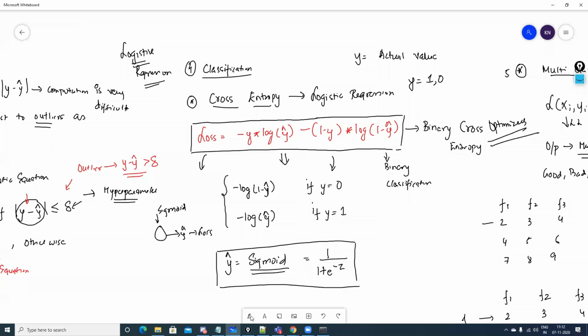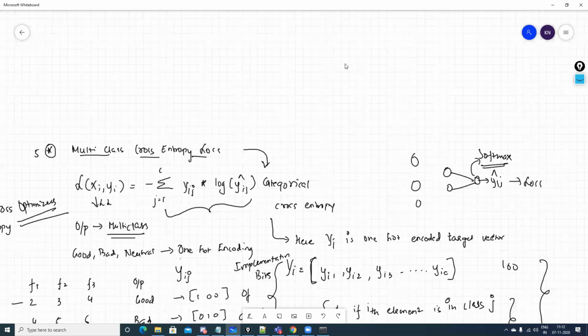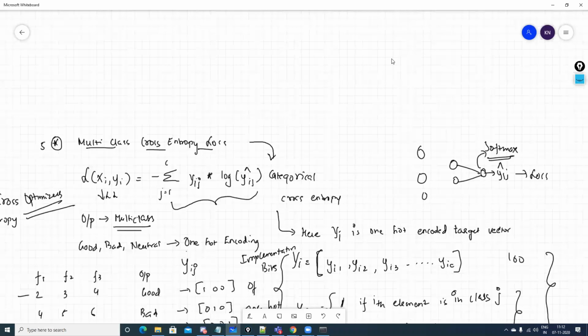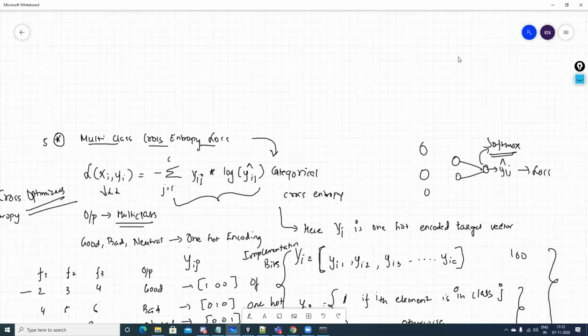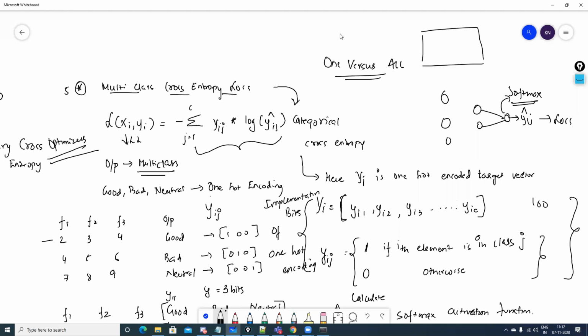Can you briefly explain the difference between the two? One versus all basically says that suppose I have three classes. If I combine all the probabilities, the summation will be 1. I've uploaded a video on 1 versus all on my YouTube channel. Just check it out after logistic regression.